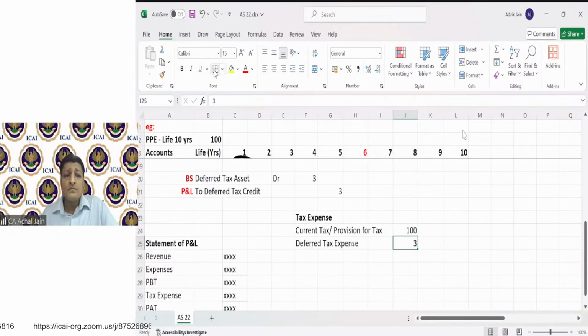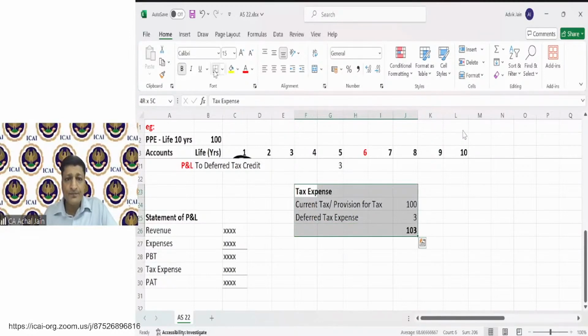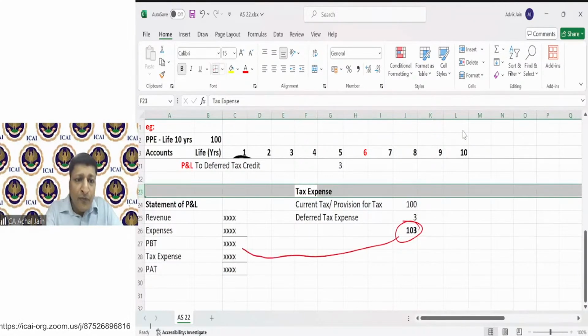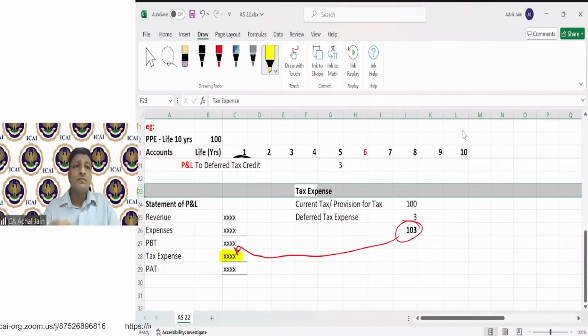So now, what is going to be the total tax expense for this company? This will be 103. And where do you take this total tax expense? This total tax expense of the company will go here. So this is what you report and record under total tax expense. Understood?